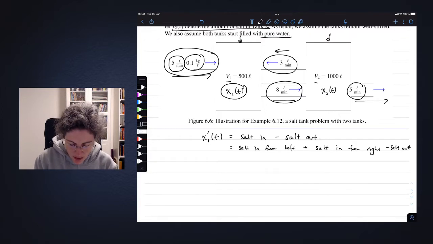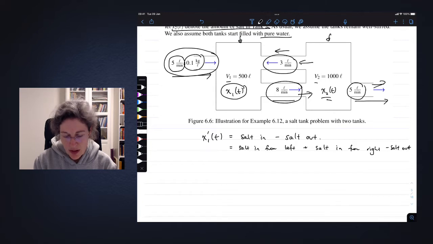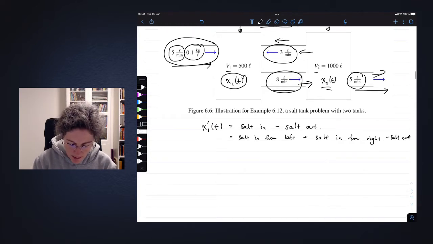We could put together a similar thing for x2, where we've got salt coming in, but also salt going out in two directions. But let's finish up with x1. How much salt have we got coming in from the left?